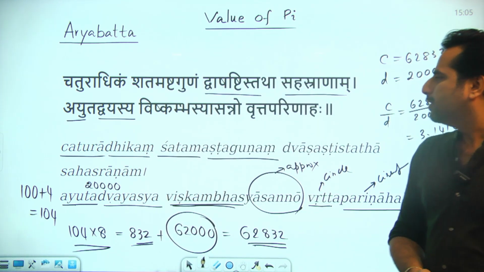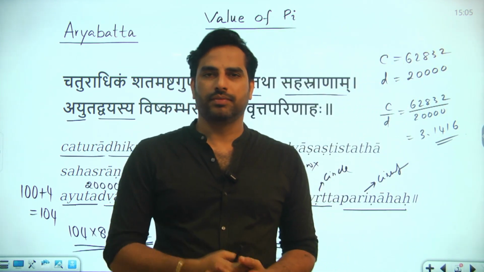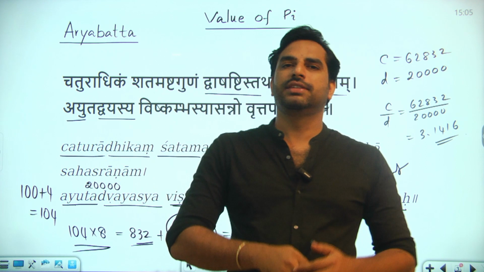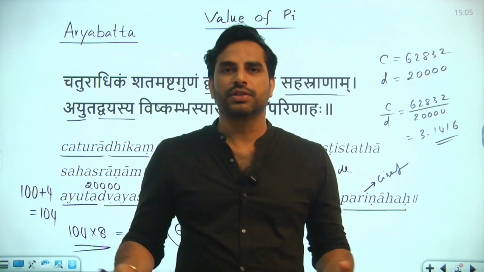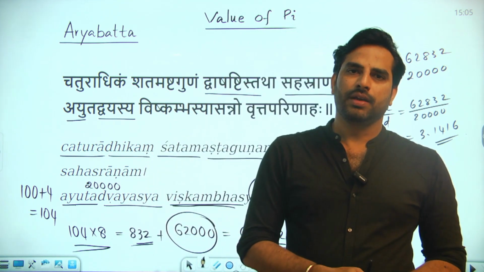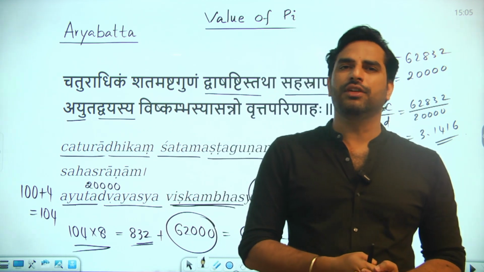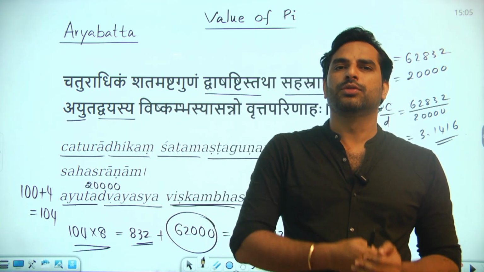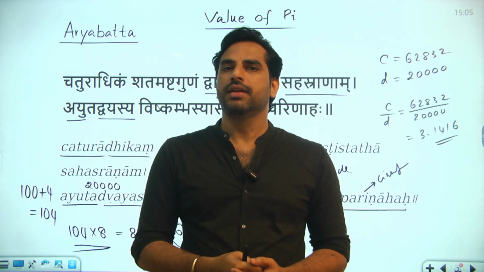So most students think the value of pi is 22 by 7. 22 by 7 is just an approximation that is pretty much in use for easy calculations given by Archimedes. So there are many mathematicians who worked on the value of pi. There are many mathematicians who spent their whole life in working out the value of pi.